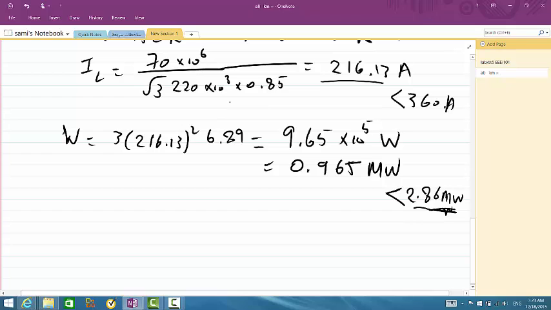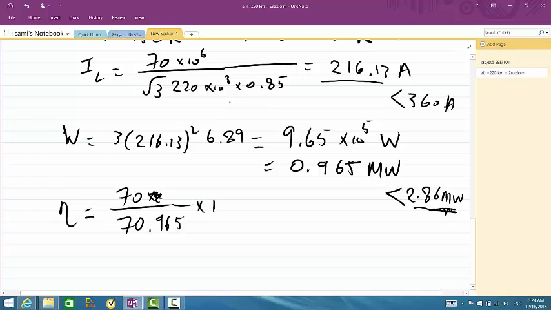So here we can find the efficiency again, and the efficiency is 70 megawatts divided by 70.965, times 100, and the efficiency is improved up to 98.64%.